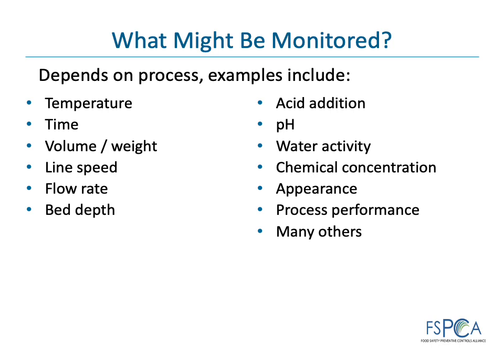Line speed and cooker temperature, when cook time and temperature are parameters for which critical limits have been established. The pH resulting from adding an acidifying ingredient, when pH is a parameter for which a critical limit has been established. Process parameters such as line speed, flow rate, bed depth, or similar elements, if these have been established during validation as critical to control the hazard.